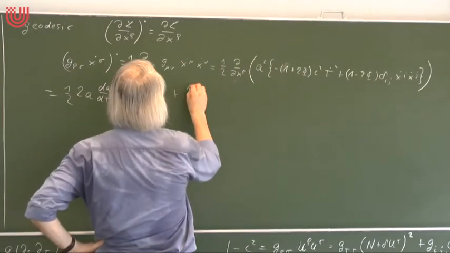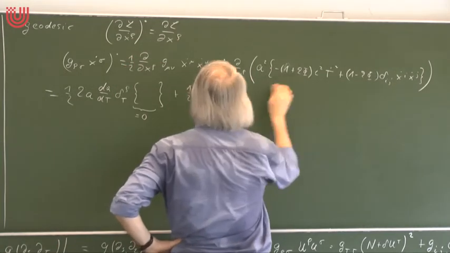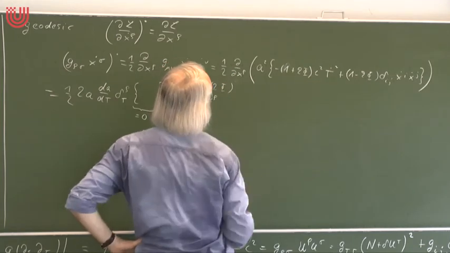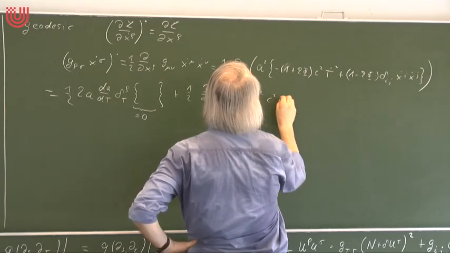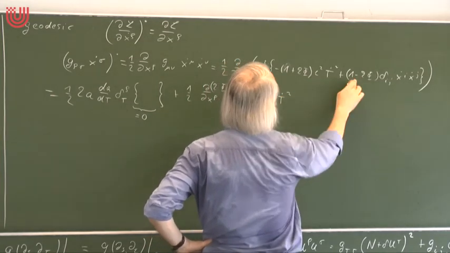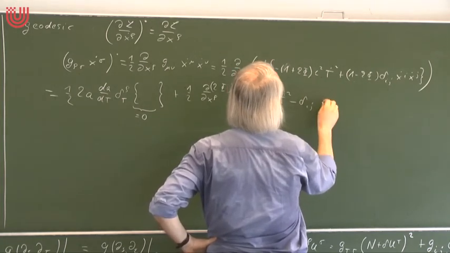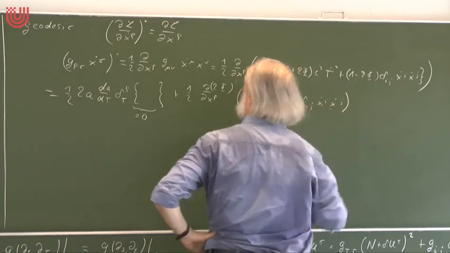So I have plus 1/2 d by dx rho when it hits 2 phi, and this comes with minus a squared c squared t dot squared minus delta ij xi dot xj dot.